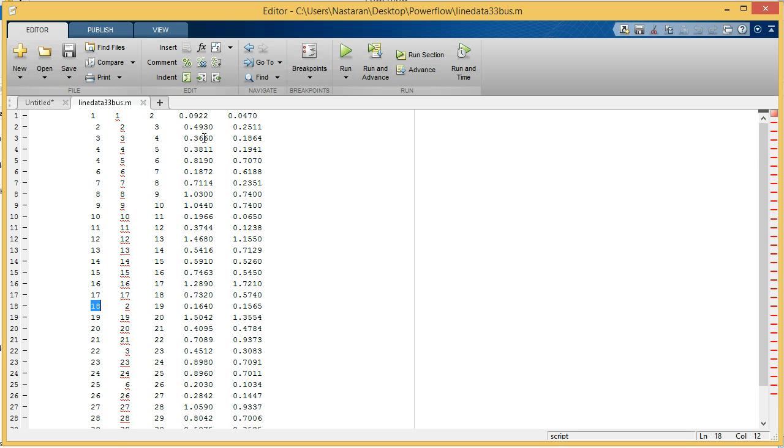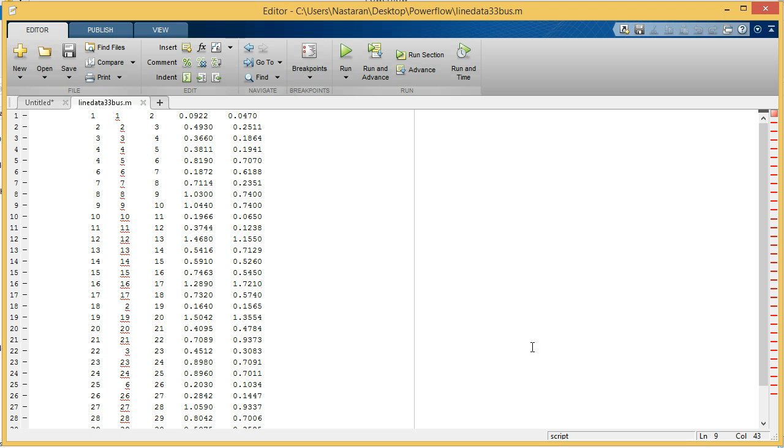Okay, so the fourth column shows the data for resistance of each line, and the fifth column shows the data for inductance of each line.